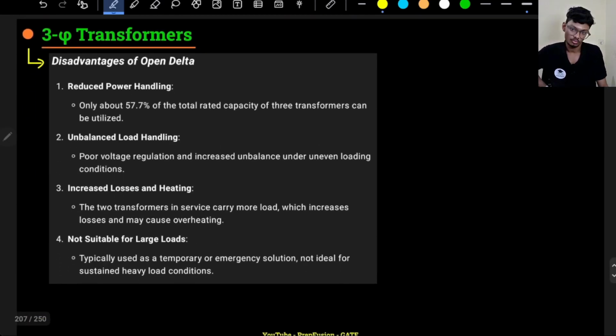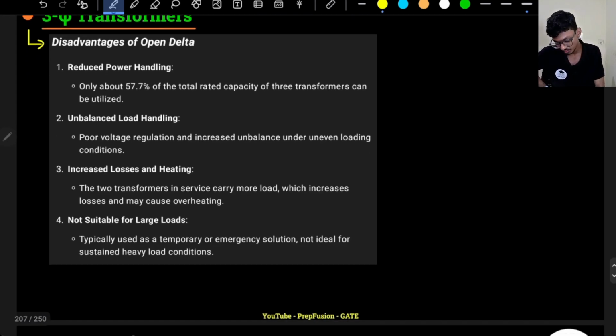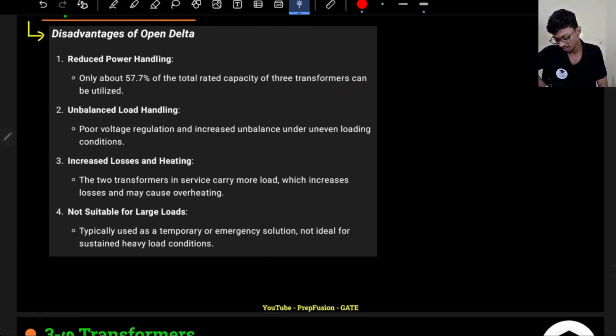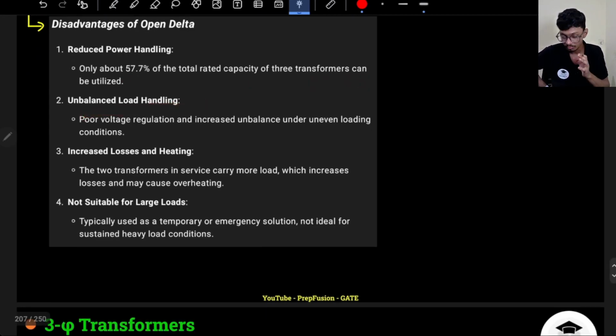Now, what are the disadvantages? We are only able to serve 57.7% of the total rated capacity of these three transformers. Unbalanced load handling is poor: although the voltages are the same, unbalanced current can flow through the loop that can damage the system.